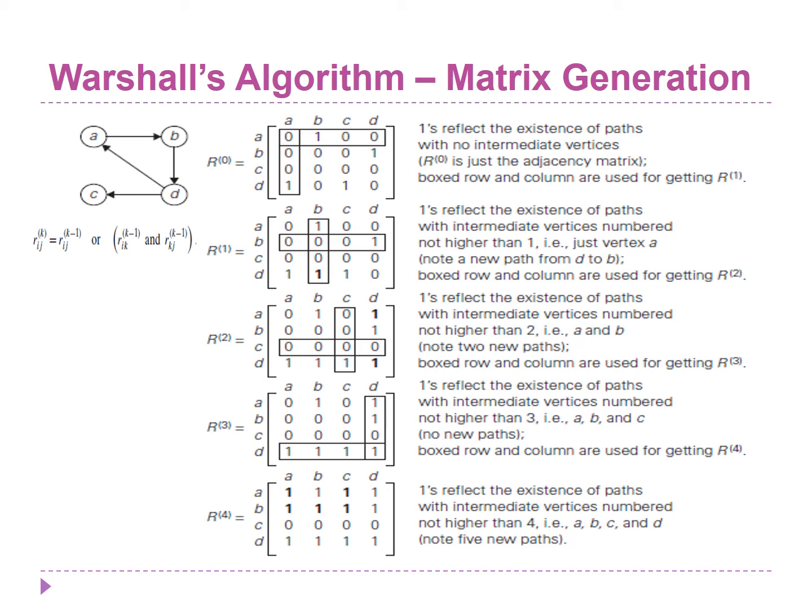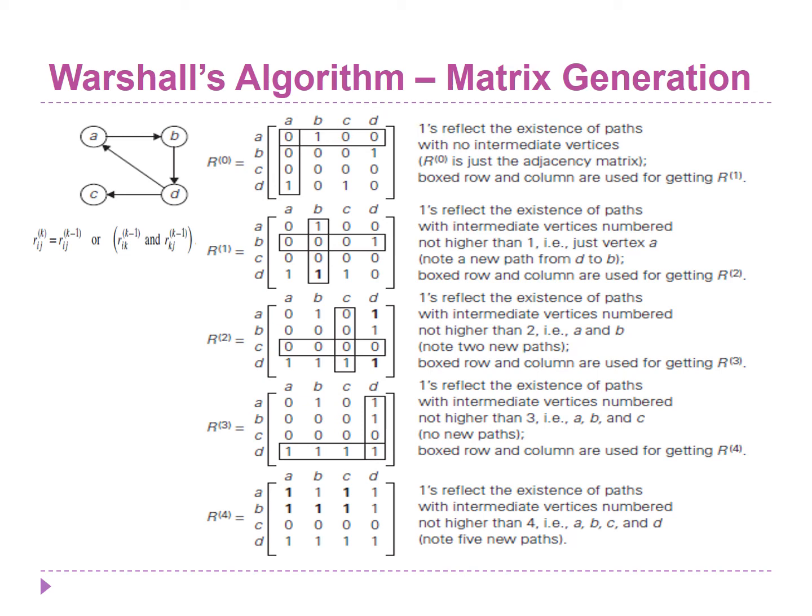That is, there is a directed edge from D to A, and there is a directed edge from A to B. Hence, there is a path from D to B of length 2.